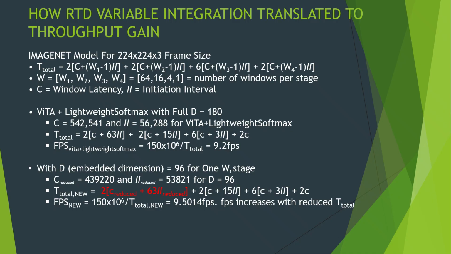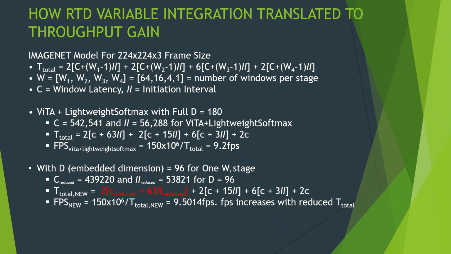So how did it translate to throughput gain for reduced embedded dimension? We present the ImageNet module, which is what is used in the VIDA paper. VIDA speed is 8.71.